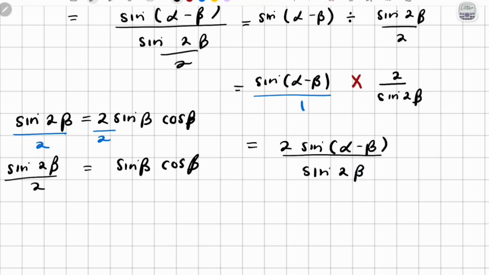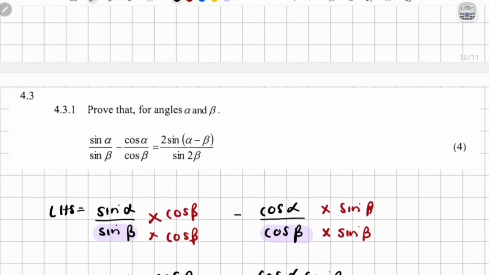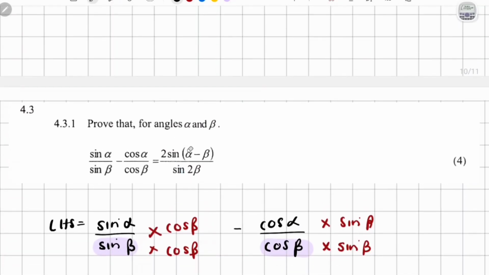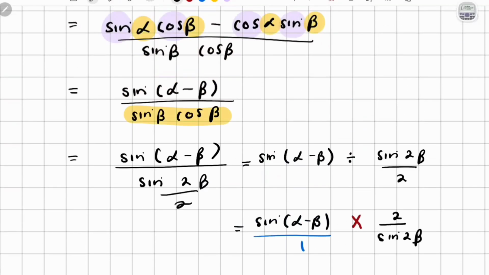And that's your answer. This was just showing you how to get that. Now if you compare this to what we have here, you see that it's exactly the same. So this really is equal to the right hand side, and the identity has been proven.